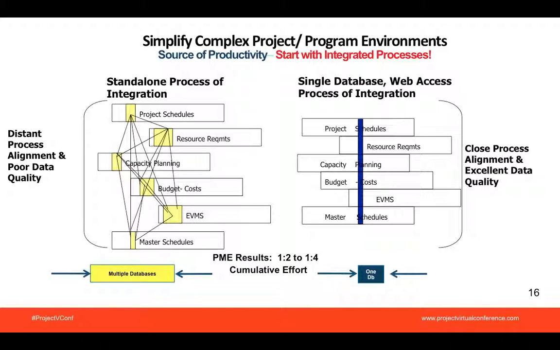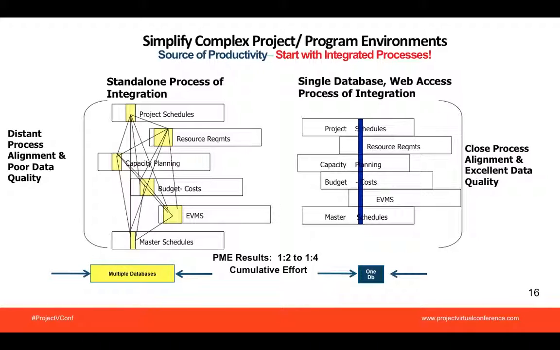This is kind of proof when you look at this diagram. What we find by experience when we work with companies is that they can get 2 to 4 times more good quality productivity and effort out of their program managers by using the tools we described earlier.